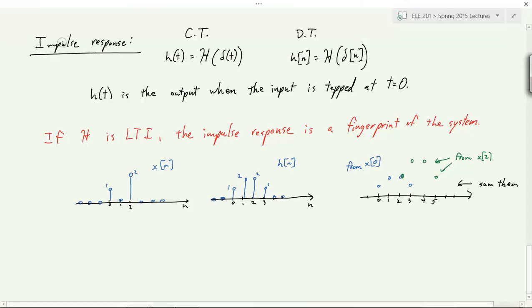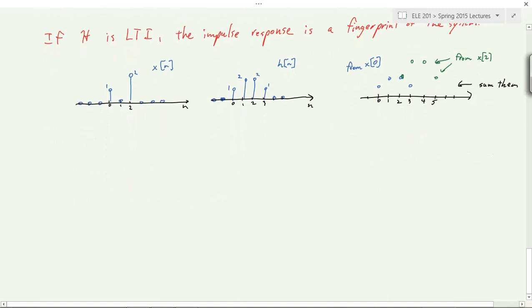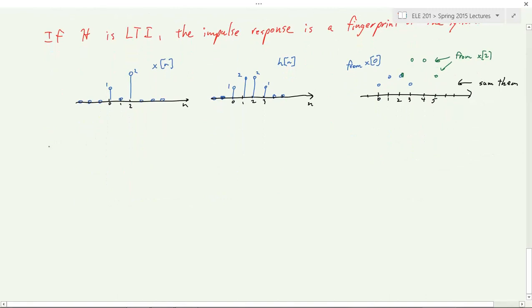Let's look at this generally, and we would say that first of all, we can always represent any input signal as a sequence of delta functions, just as I did above.